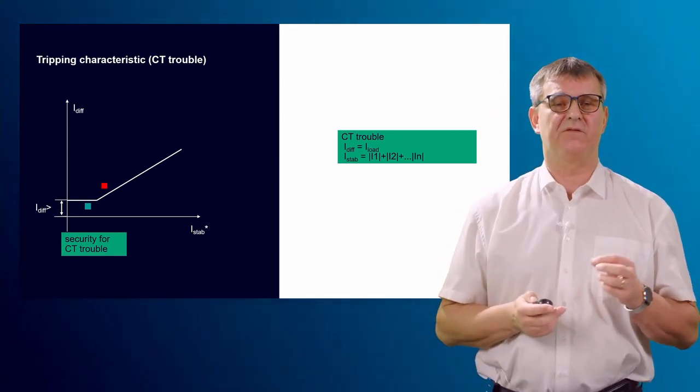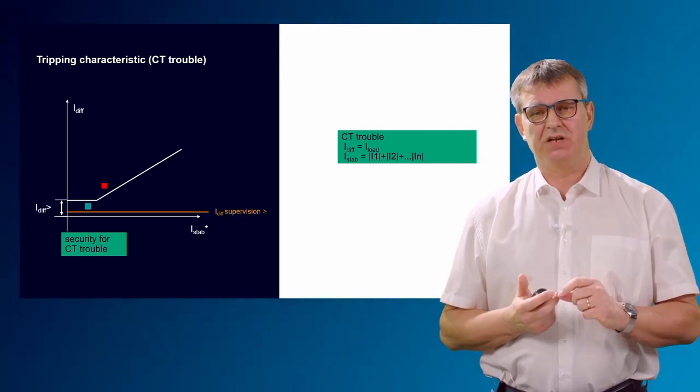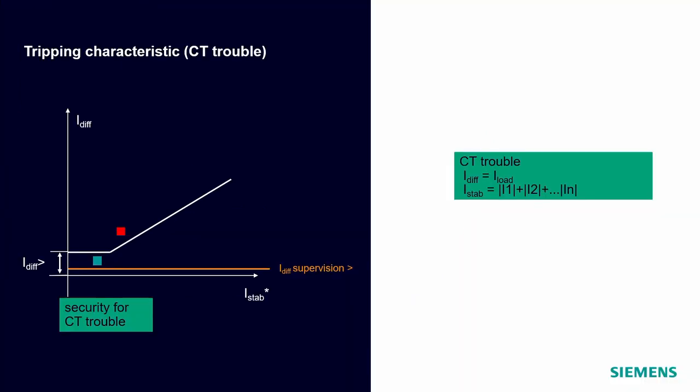And therefore we have one further very important setting, that's the threshold of the differential current supervision. And this threshold of the differential current supervision should be lower than the lowest load current of all feeders.